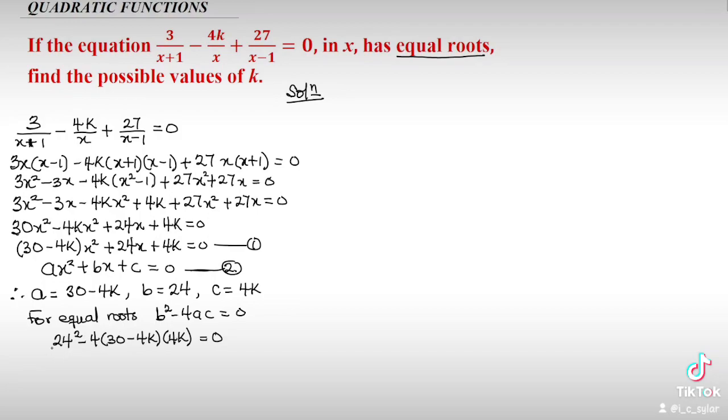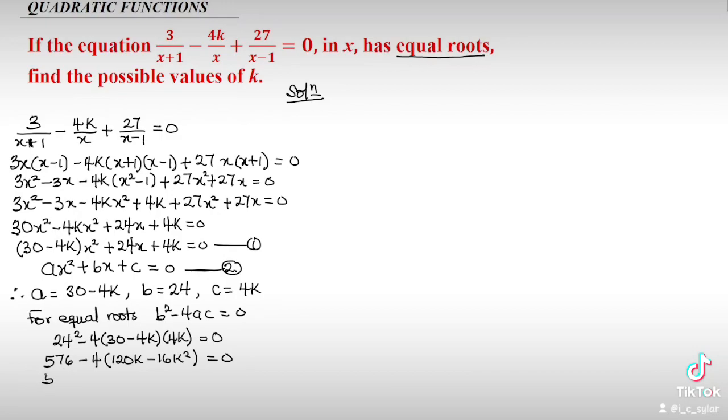So we expand. 24 squared gives us 576 minus, this gives us negative 4 multiplying, 120k minus 16k squared equals 0.